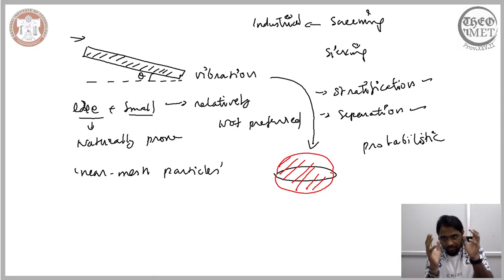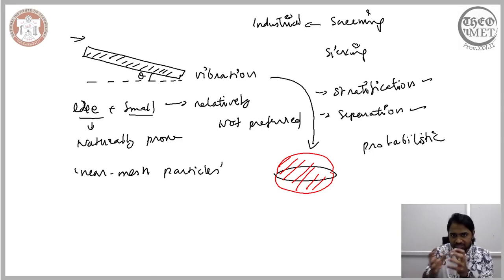Therefore, screening as a whole, which comprises these two different events, cannot be described in a definitive manner. It can only be described in a probabilistic way. So what is the consequence of having a process that has some component of randomness associated with it?